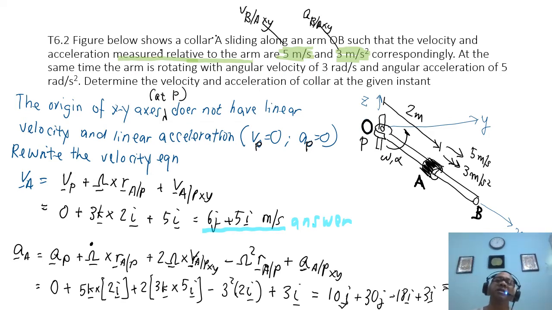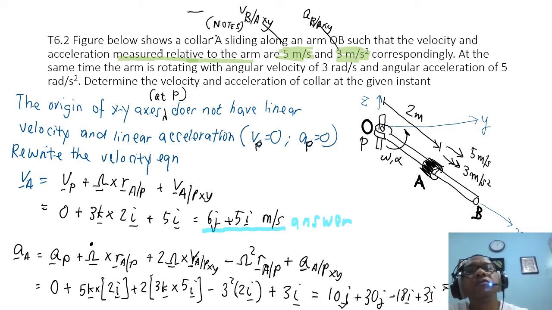But in this instance, A is moving, so we need to look at our system using the notes we have. In our actual application here, it is the relative velocity of A, VA relative to O or P, in the small xy direction.